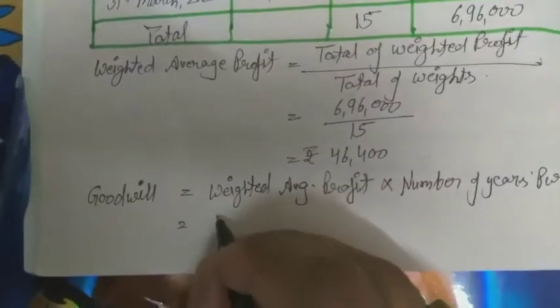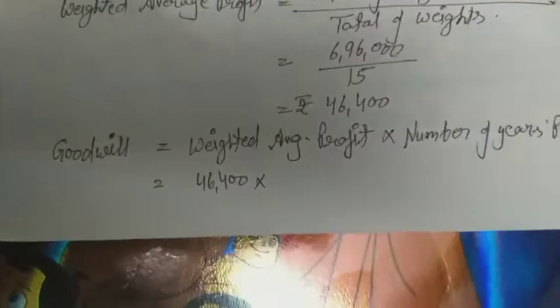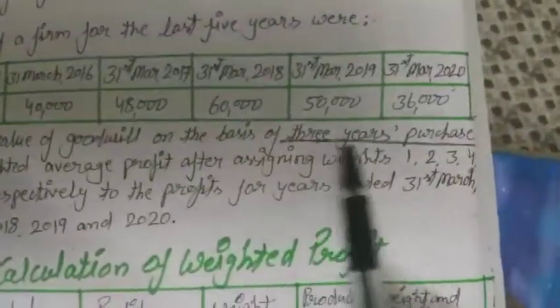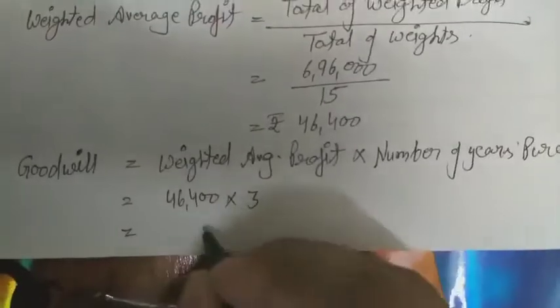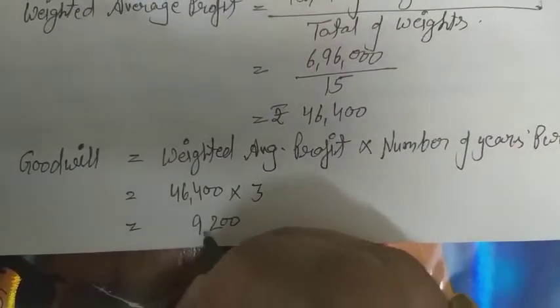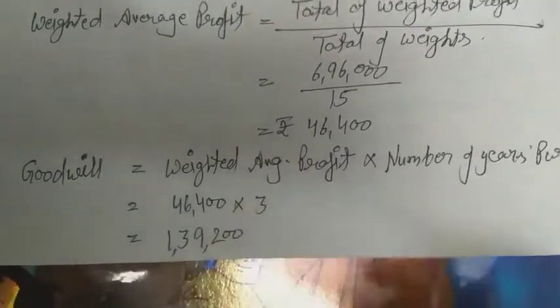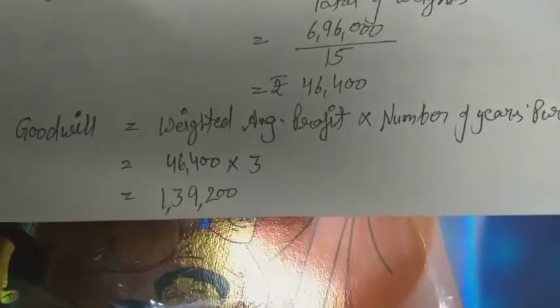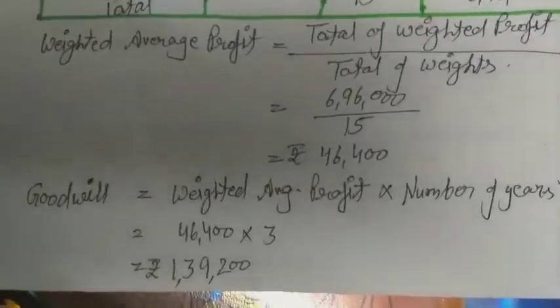So weighted average profit 46,400 multiply number of years purchases. In the question it says 3 years purchases, so we will multiply by 3. If we multiply, 4 threes are 12, 6 threes are 18 or 19, carry 1, 4 threes are 12 or 13. 1,39,200 rupees will be the goodwill of the firm.